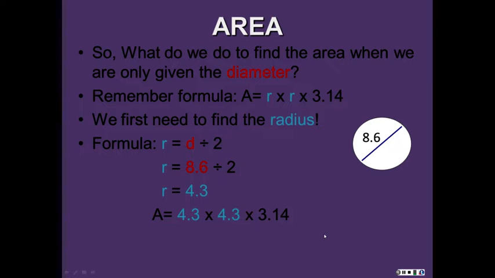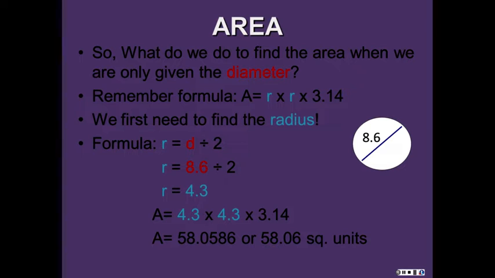Tell me what that area will be. And then I rounded it to 2 decimal places, so 58.06 square units. Remember, for area, you're going to have squares.